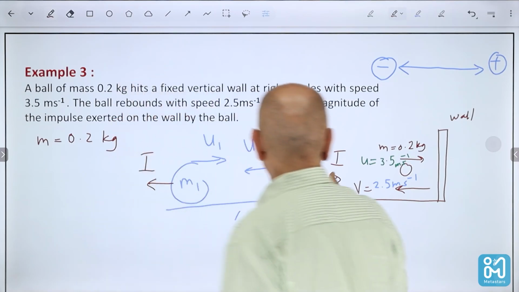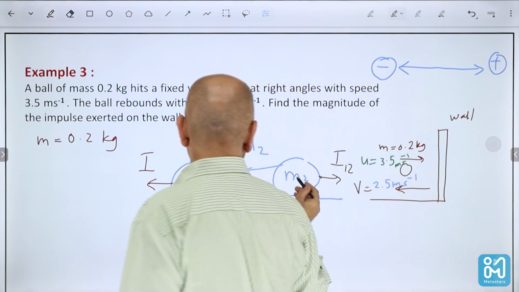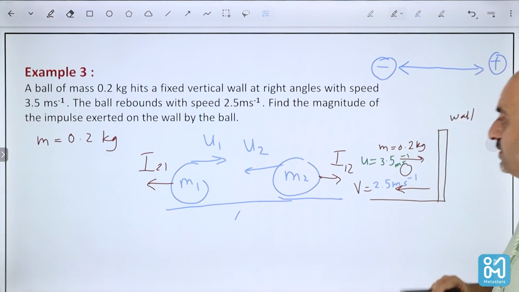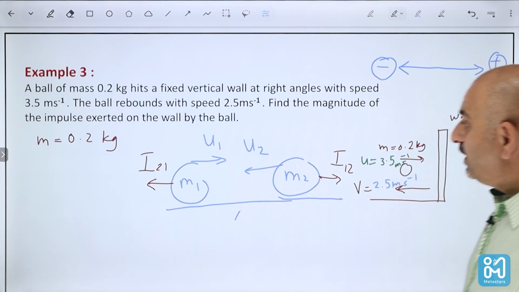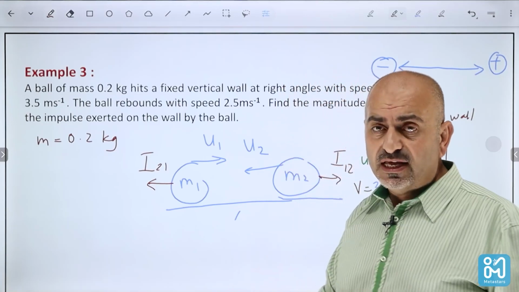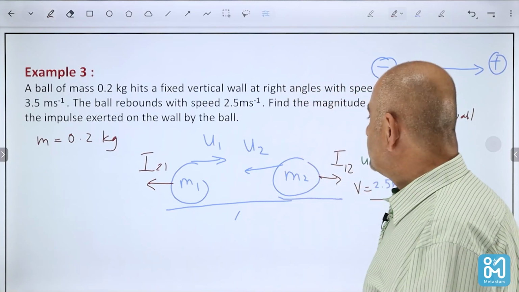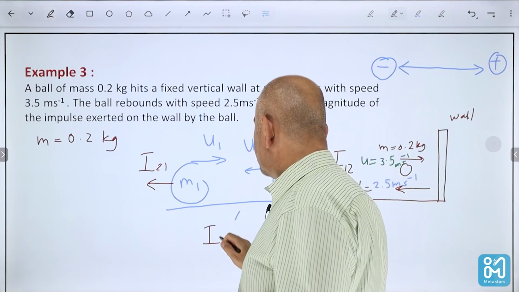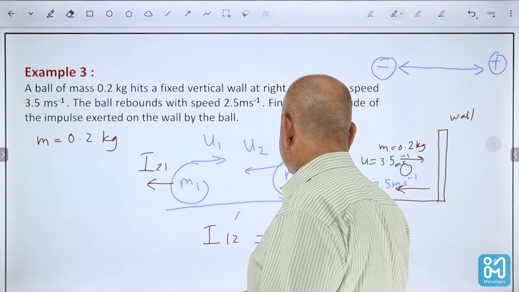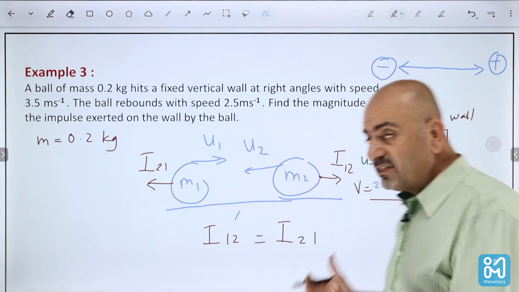This is the impulse exerted by 1 on 2, and this is the impulse exerted by 2 on 1. This complies with Newton's third law: for each action, there is an opposite and equal reaction, because impulse simply is force times time. So the impulse exerted by mass 1 onto mass 2 equals the impulse exerted by mass 2 onto mass 1; they are equal in magnitude but opposite in direction.